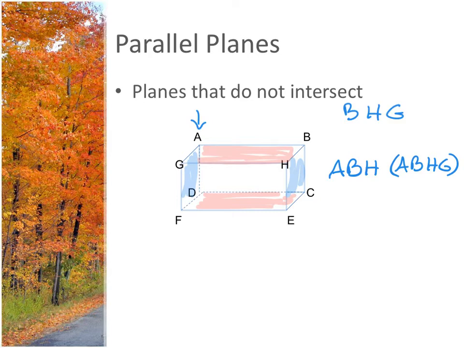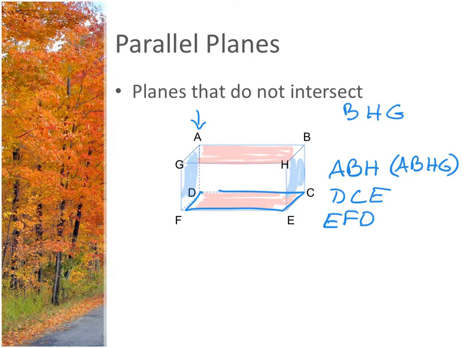Then the plane that it is parallel to would be the red one on the bottom. And I could have said that this one is DCE. I could have also called it EFD, any combination of the 4 letters that go around the bottom.